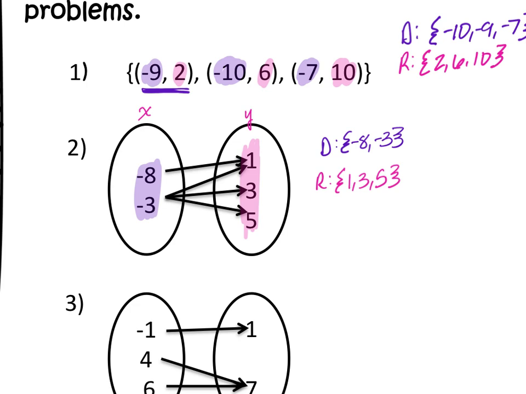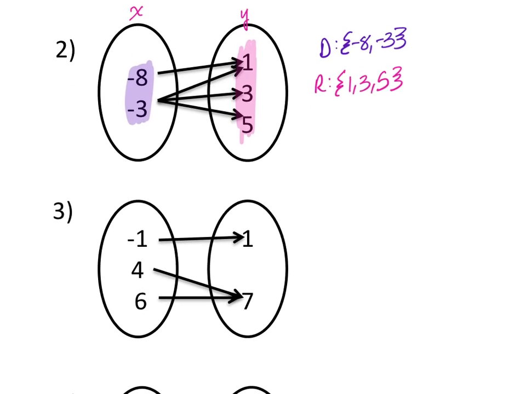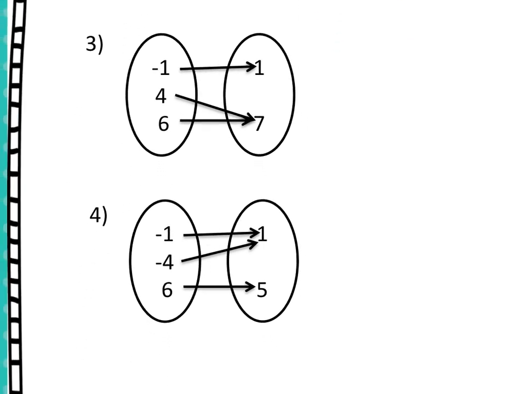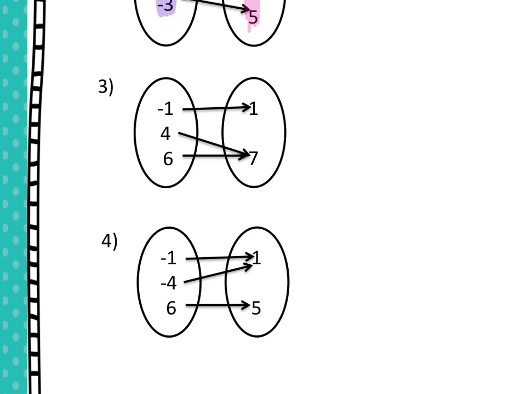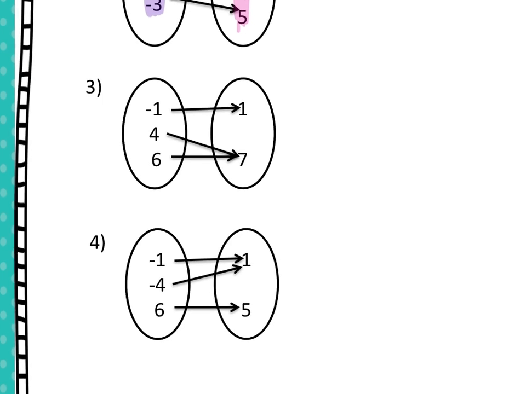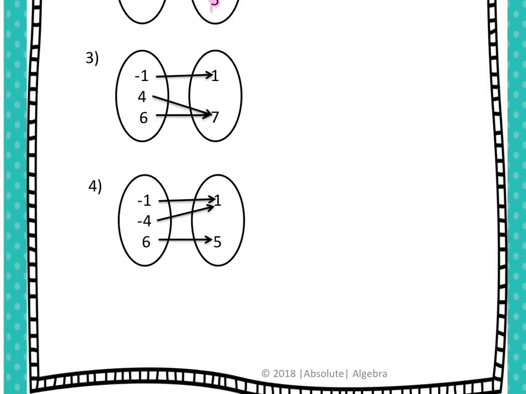I know that you did okay on this yesterday. So we've got 2 of them here for you to do. Please make sure you're using the correct brackets, the curly ones, and that you're doing them in order from least to greatest. So there you go. We're going to go ahead and do the domain.